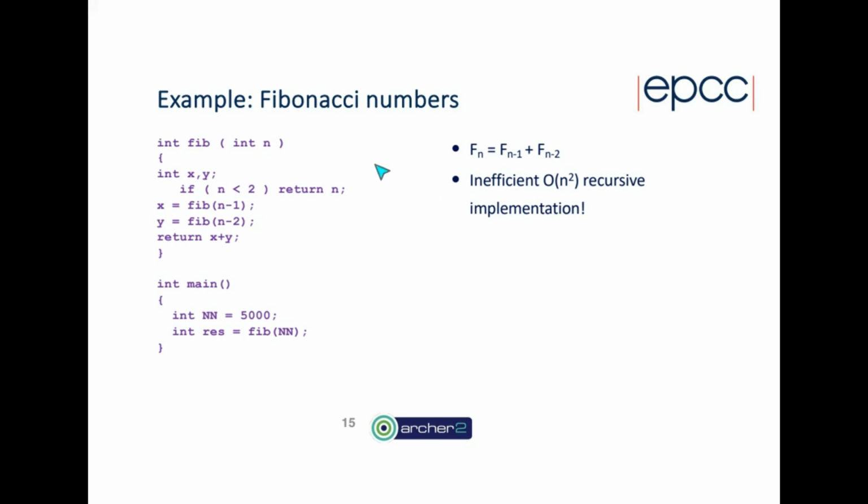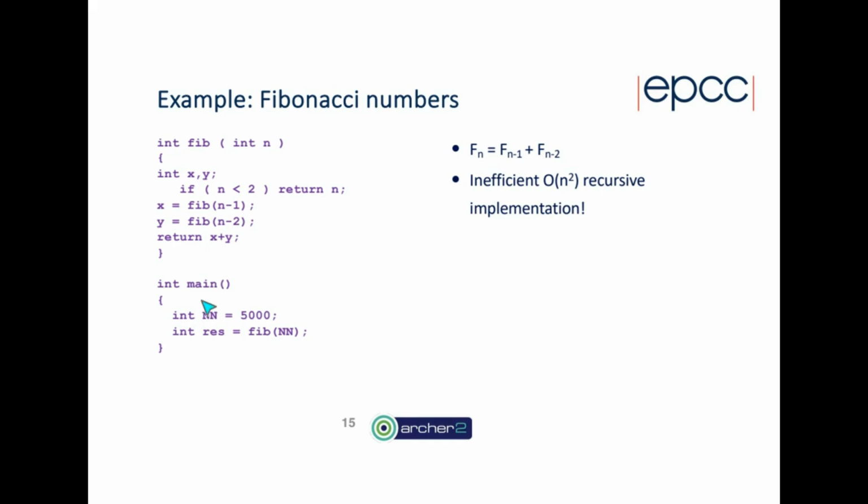We have this recursive function fib. We pass an integer into it, and if n is less than 2, then we simply return n. Otherwise we call fib recursively with values n-1 and n-2, add the results of those two recursive calls together and return that.